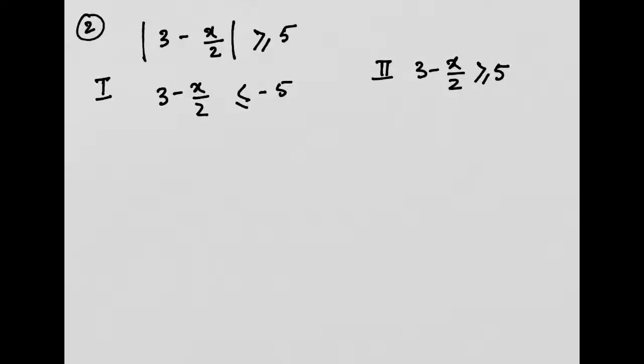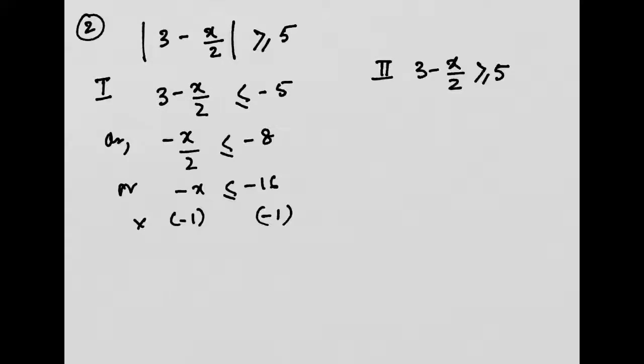Now first I am solving case 1. So I have minus x less than or equal to minus 16. Now I have to find the value of x. Multiplying both sides by minus 1, I get positive x, and reversing the sign, x is greater than or equal to 16.